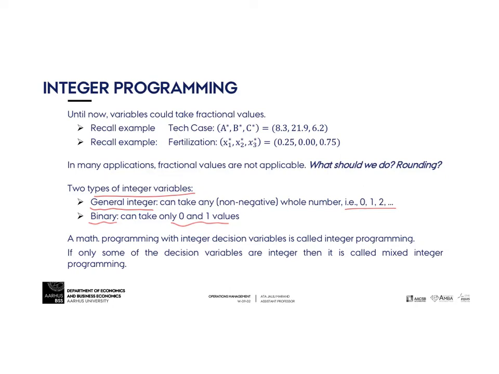If your model includes both integer decision variables and continuous decision variables, that's called mixed integer programming. In the literature, it's often seen as MIP.